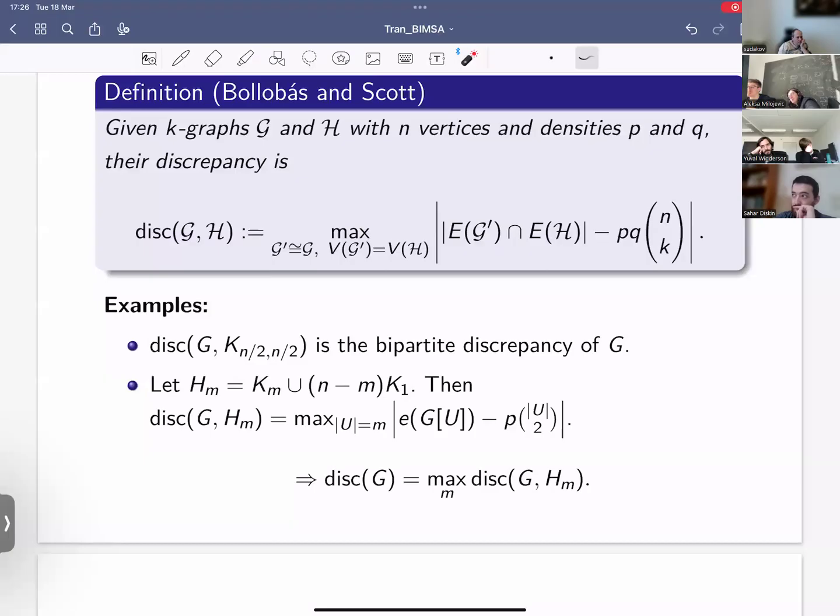So in this special case, the discrepancy between G and S_m is simply this quantity. And by taking the maximum over m, we will recover the discrepancy of G.